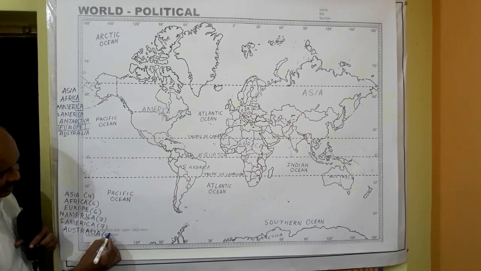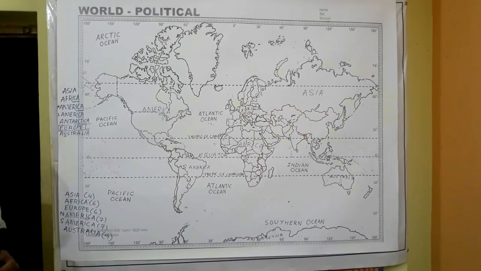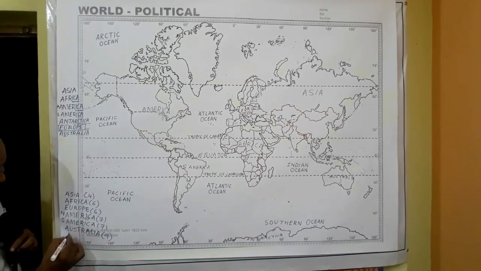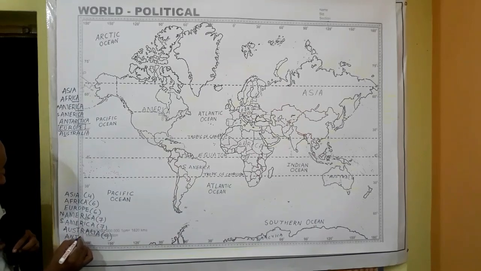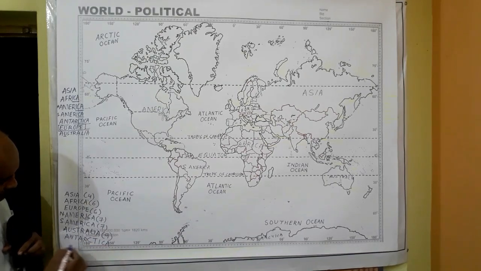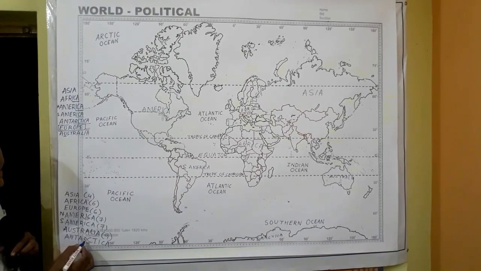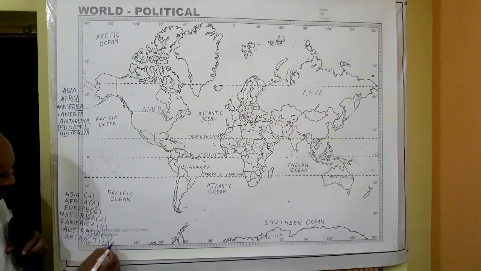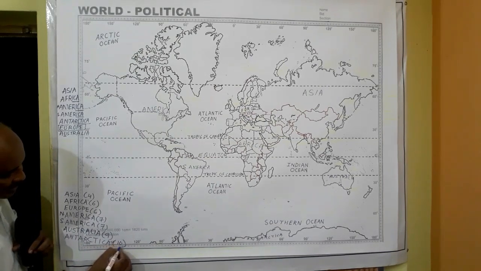So Australia has 9 letters. Whereas finally Antarctica. How many letters do we have? 1, 2, 3, 4, 5, 6, 7, 8, 9, 10. So altogether they are 10.